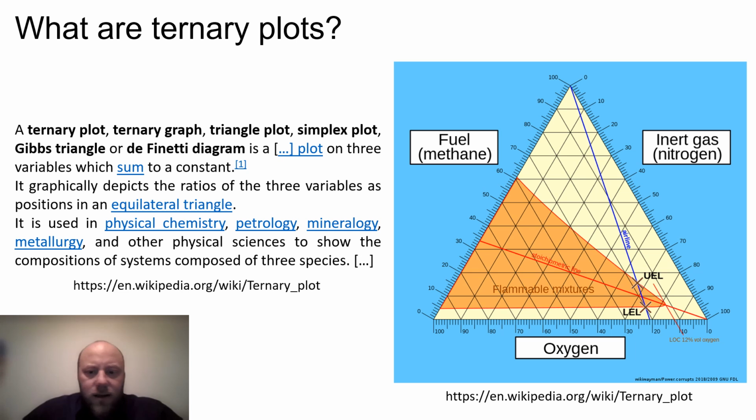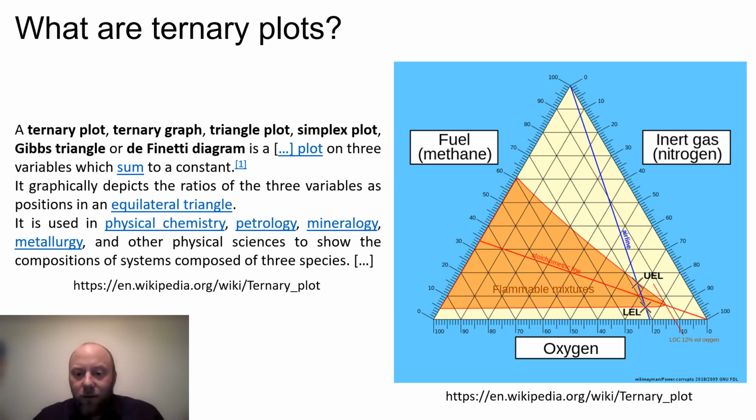I just copy pasted this from Wikipedia. It graphically depicts the ratios of three variables as positions in an equilateral triangle, which you can see to the right. In this example, the composition of a chemical substance consists of methane, nitrogen, and oxygen, and they always sum up to a constant, right?